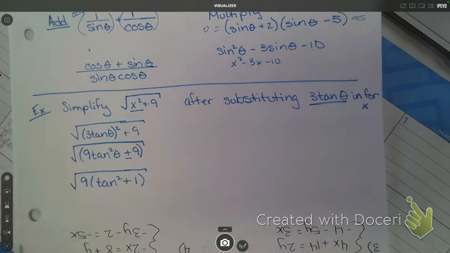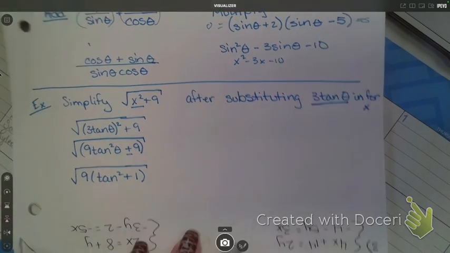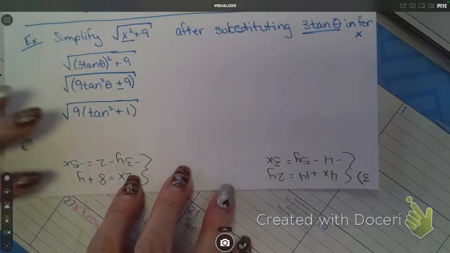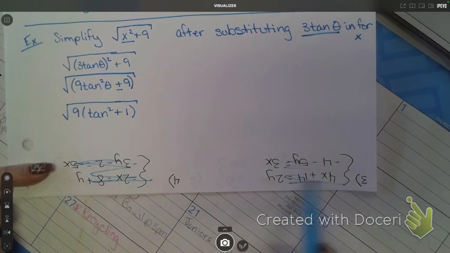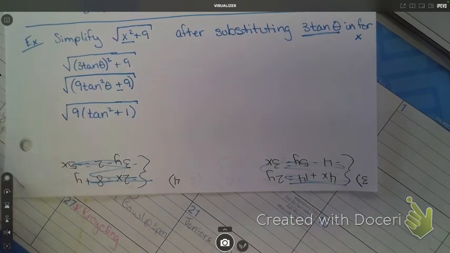Something in your head should be going, this looks familiar. Anytime you saw a squared function, you should be thinking what? Which identities? Pythagorean. So is tangent squared plus 1 a Pythagorean identity?